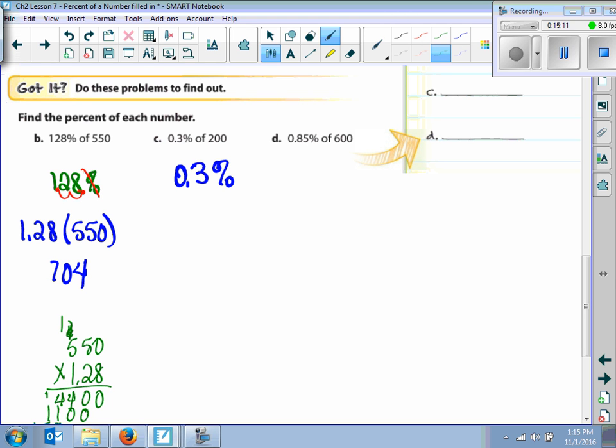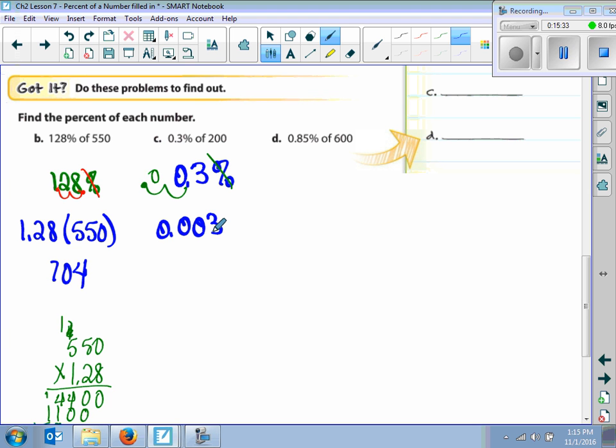To the left. Okay. 1, 2. There's my decimal. Add a 0 there and take away the percent sign. Okay? So now we have 0.003. So that's 3 thousandths.